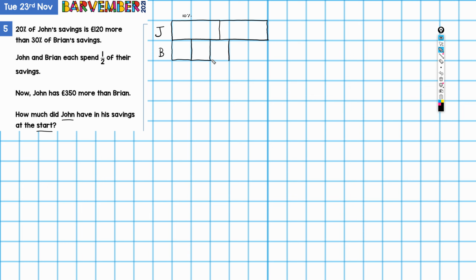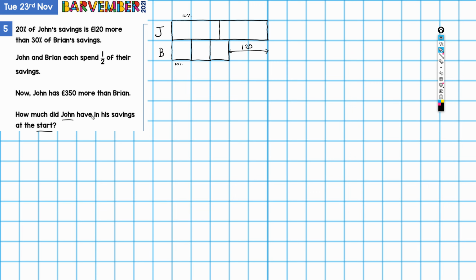I don't know how much smaller they ought to be, but this is 10% for Brian. Okay, and this difference here is 120. Okay, so let's just check this. 20% of John's savings, okay, 10%, 20%, is £120 more than 30% of Brian's. Okay, so I'm happy with that so far.